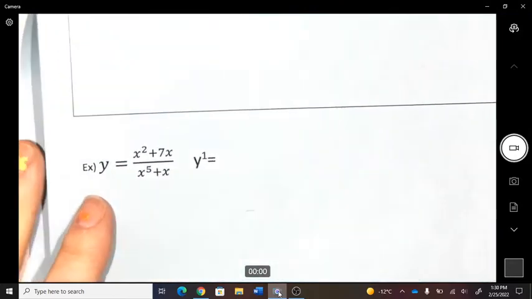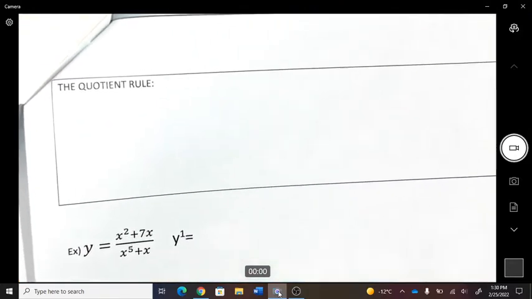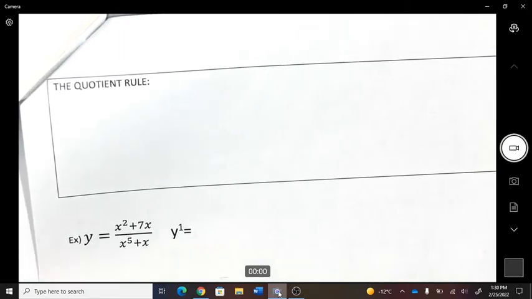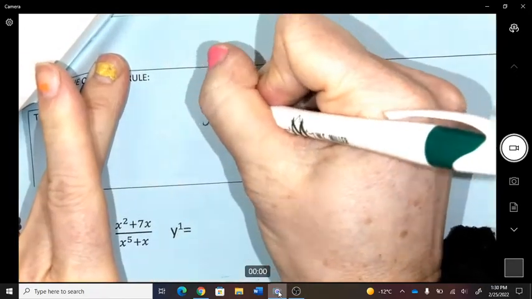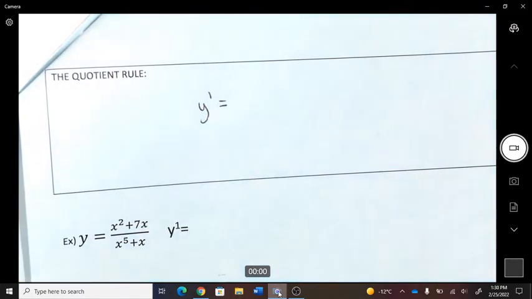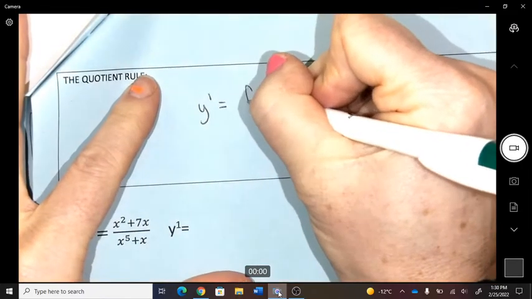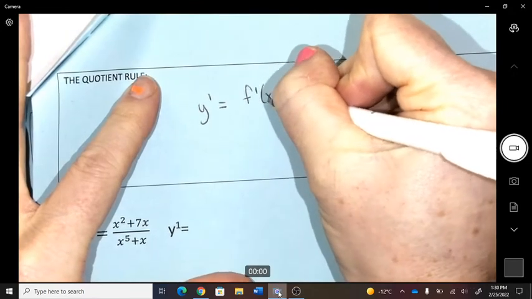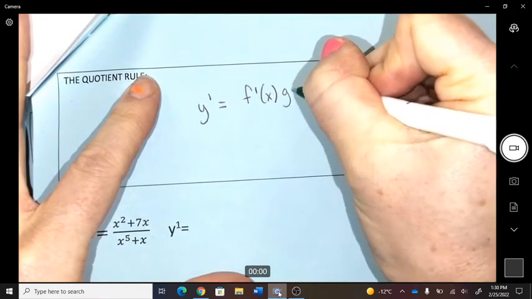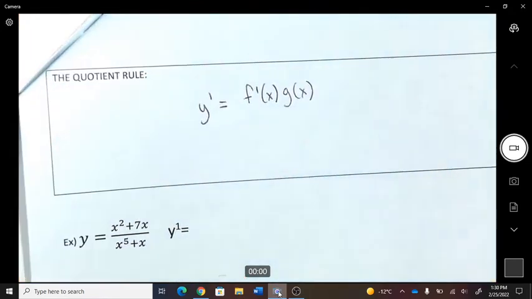Okay, so now the quotient rule. So the quotient rule, kind of like the product rule, we're going to derive times keep.